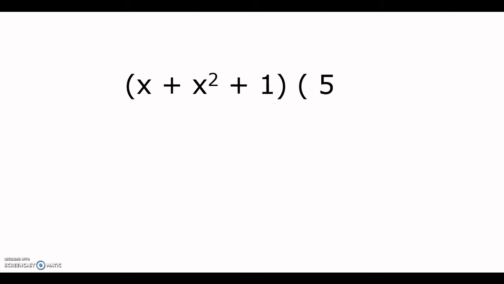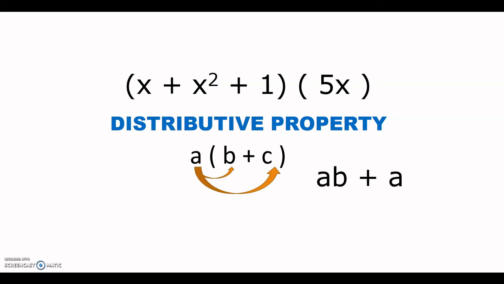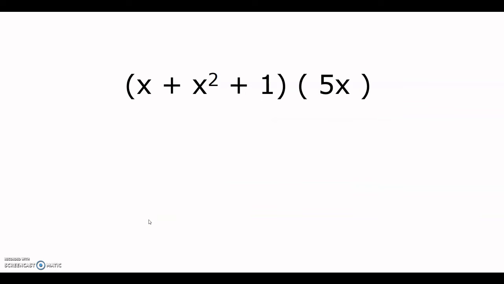Here we have x plus x squared plus 1 multiplied by 5x. So let's apply the distributive property, like a times (b plus c) is equal to ab plus ac. Let's answer this example. Here we will multiply x by 5x.